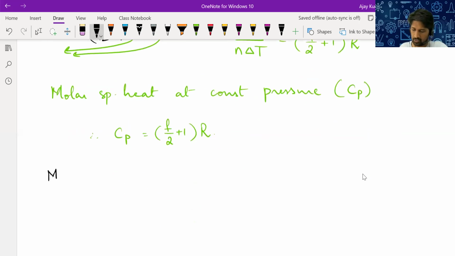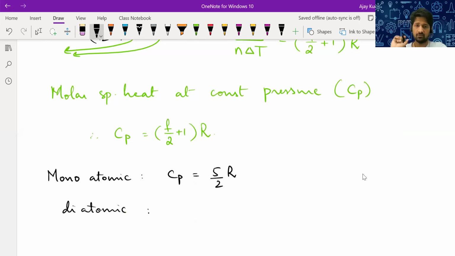So for monoatomic, Cp, degrees of freedom are 3. 3 by 2 plus 1, it becomes 5 by 2 into R. For a diatomic gas, diatomic has how many degrees of freedom? 5 degrees of freedom.